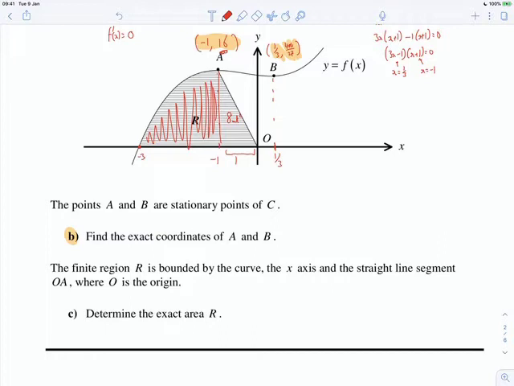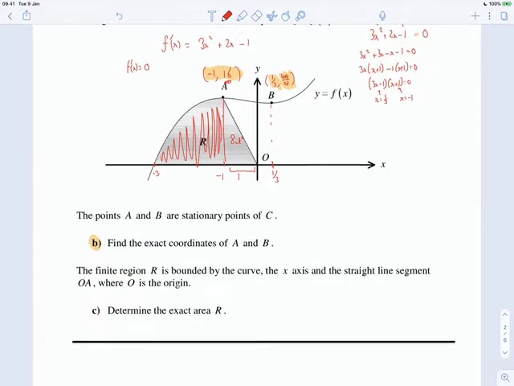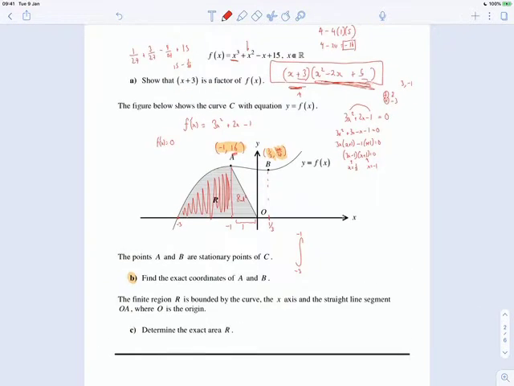So all I have to do to solve this is integrate between minus 3 and minus 1 of my function, which is x cubed plus x squared minus x plus 15 dx.